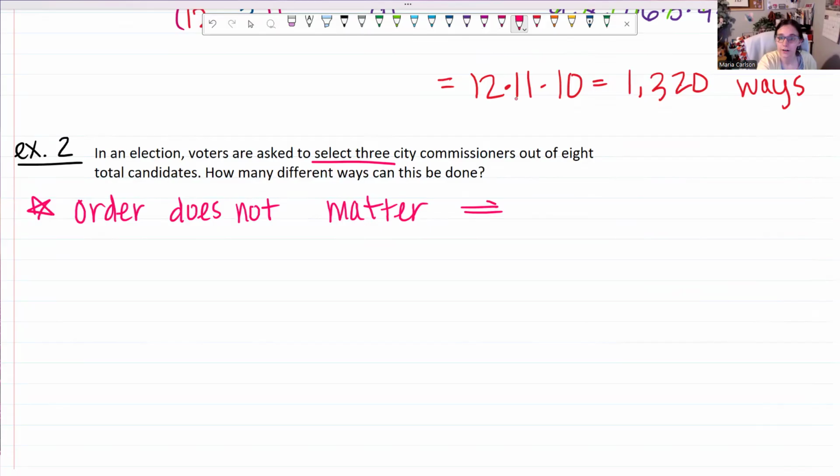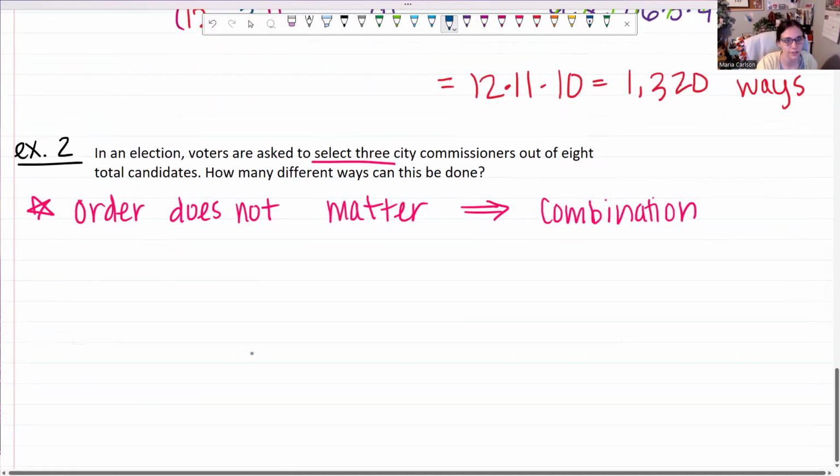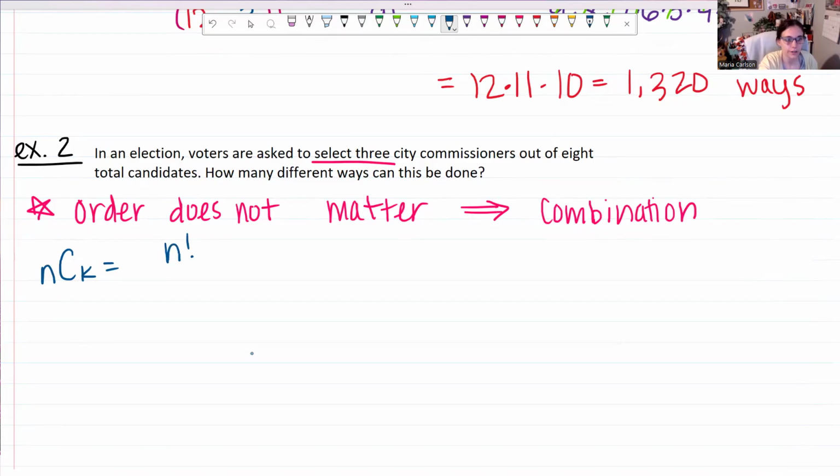Since the order doesn't matter, I'm going to use the combination formula. So if I want to grab that from above here, if I'm going to choose k items from n options, that is n factorial over, I like to put the k first, the k factorial, and then the difference, n minus k factorial.